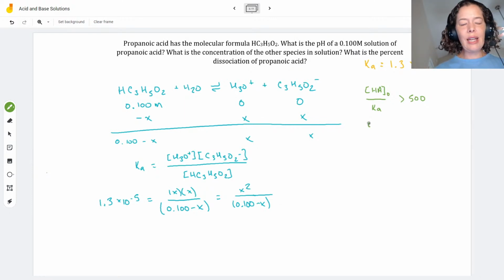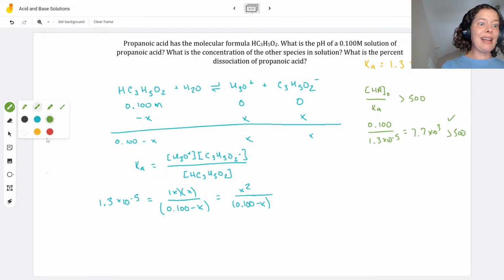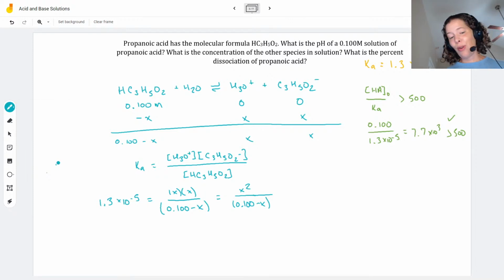So in this case, we have 0.1 over our Ka, which is 1.3 times 10 to the negative fifth. And that gives us 7.7 times 10 to the third. So yes, that is definitely greater than 500, which means I can drop this minus x, which is always so nice.